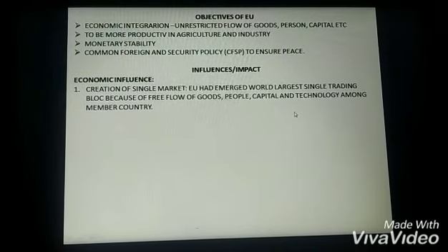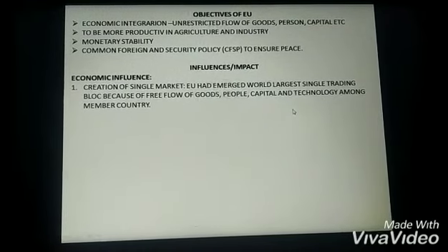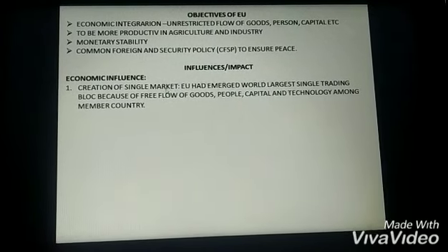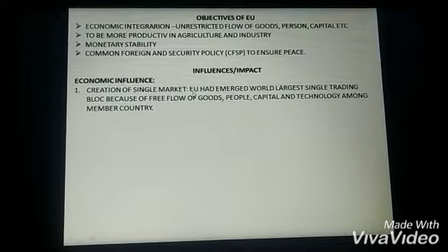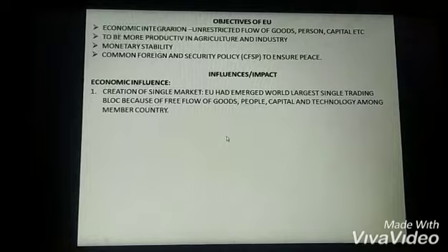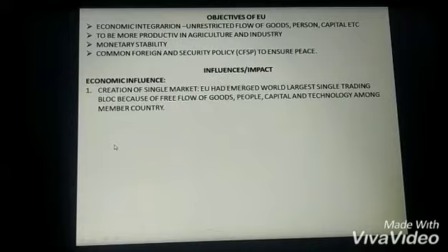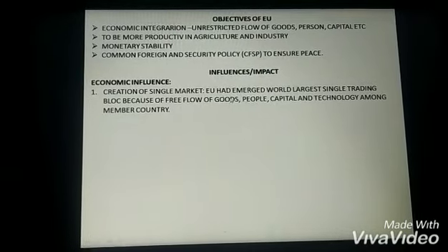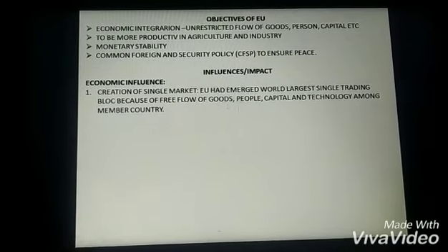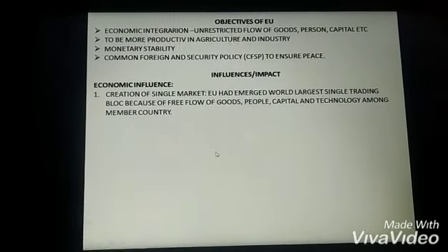Just for example, if we want to go to any of the member countries of the European Union, we have to have our visas, we have to have our currencies, and there may be a lot of things involved in order to fly to their country. But among the member countries of the European Union, there won't be such restrictions, because we are not a member country of the European Union.